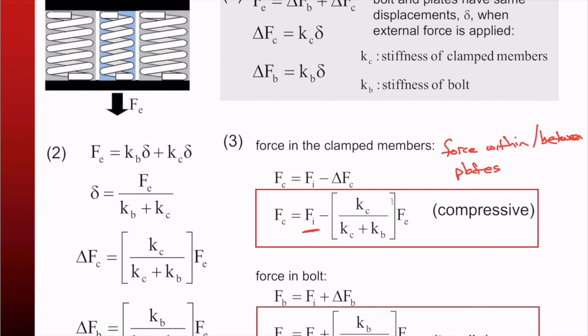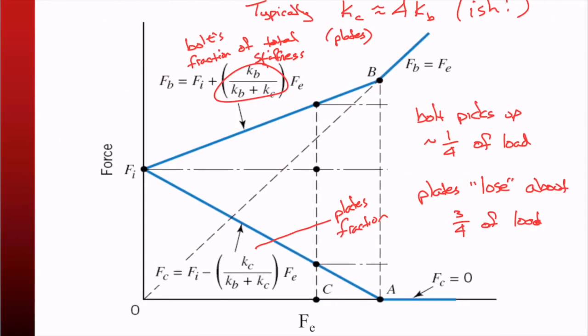So the compressive force gets reduced by the plate's share, the bolt gets increased by its share, and together those two add up to the full external load. So this is the full external load here.